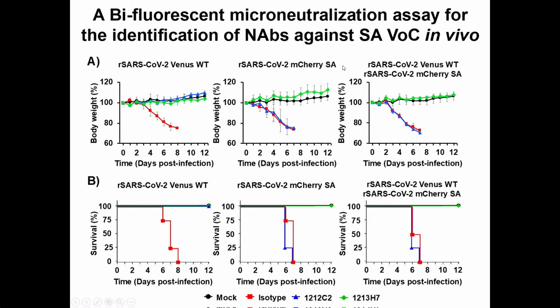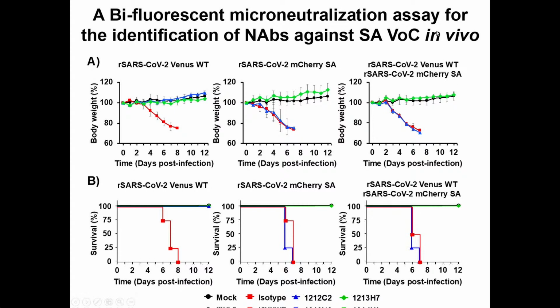In the case of mice that were infected with the South African variant, as we saw in our in vivo imaging system, only the mice that were treated with 12-1387 maintained their body weight and survived infection, contrary to mice that were treated with 12-12C2, which rapidly lose weight and die from infection, similar to mice treated with the isotype control antibody, and it's because 12-12C2 is not able to neutralize the South African variant.